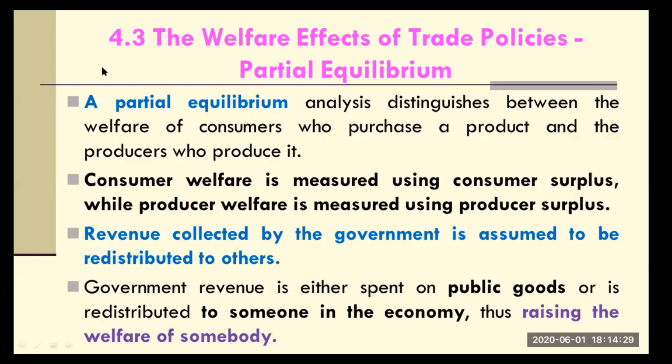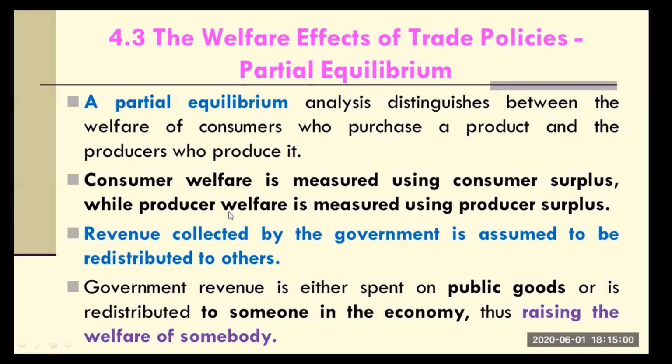Consumer welfare is measured using consumer surplus, while producer welfare is measured using producer surplus. We'll see the welfare with reference to consumer and producer surplus, so we'll see what surplus is.